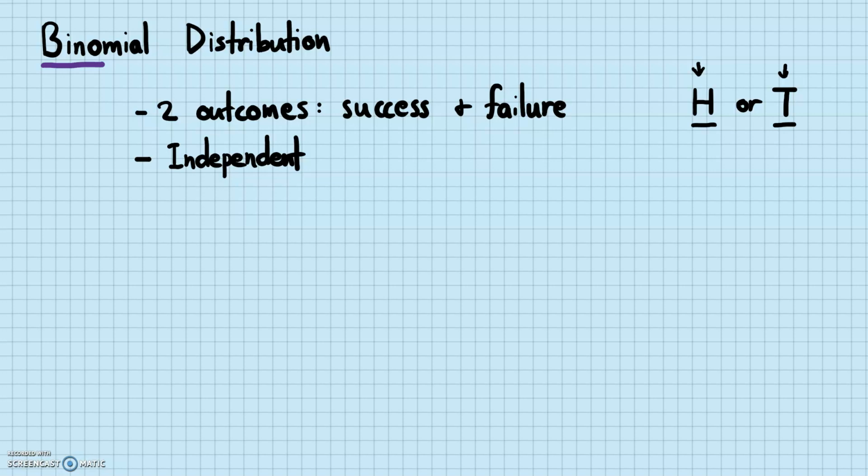So for it to pass as a binomial distribution, it needs to have two outcomes, success and failure, the events need to be independent, and the probability of success or failure needs to be constant.